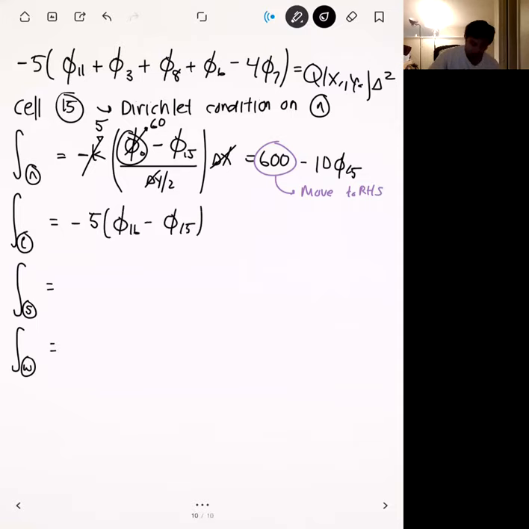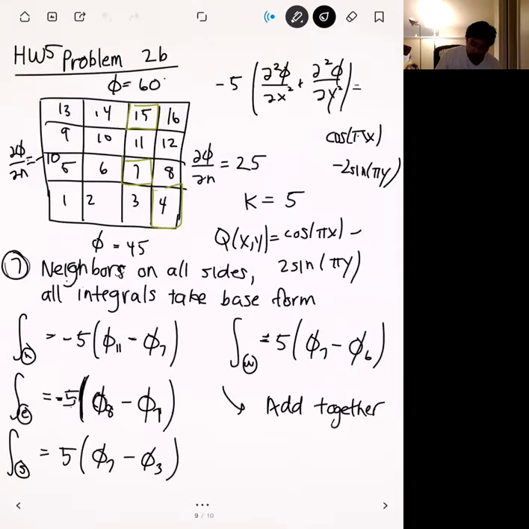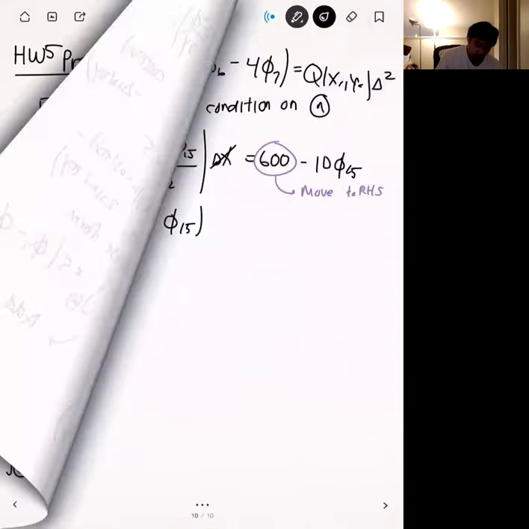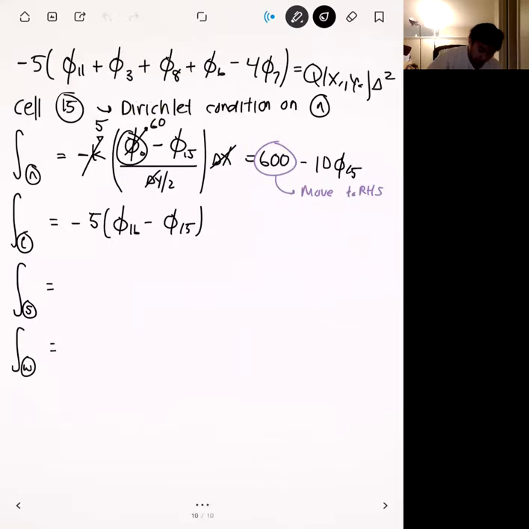Now for the south neighbor, we have k times phi 15 minus the south neighbor for 15, which is phi 11. And then we have the west integral, which is 5 times phi 15 minus phi 14.